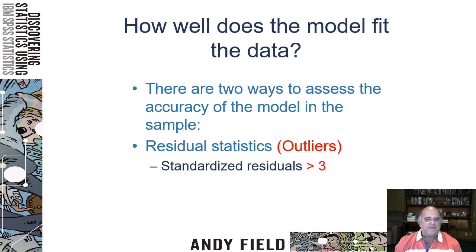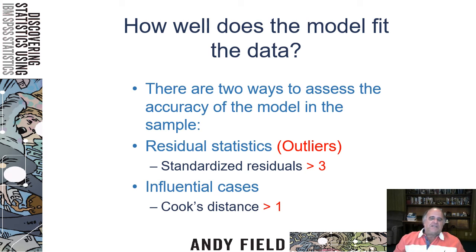So when we look at our residual statistics, we're looking at our standardized residuals, which we can get SPSS to print out. And basically, I believe Field suggests that if a standardized residual is greater than 3, then it's a problematic data point. It's an outlier.